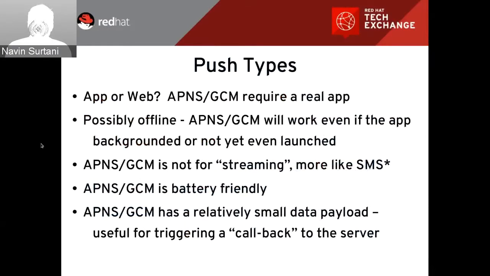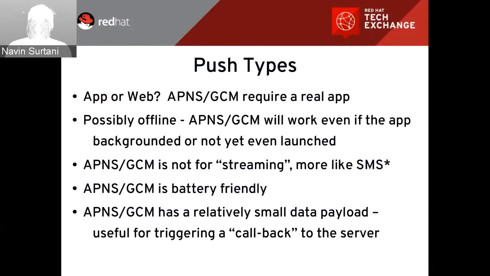We have different push types, of course, that require a real app. We have offline capabilities, so even if your app is sleeping, in the background, or not even yet launched, you'll still be able to receive those notifications. It's not for streaming. It's more like SMS. I think there are different SLAs.